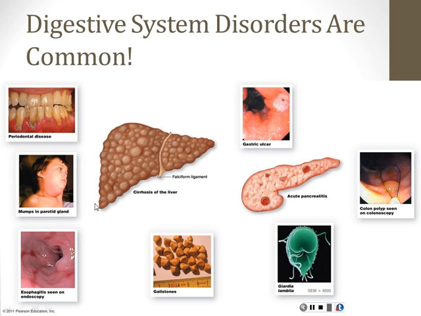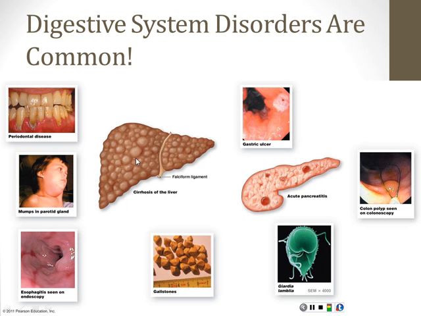All right. And then the liver can get sick too. This is an example of cirrhosis, where instead of being nice and smooth, the liver gets these kind of hard nodules all around it and inside it. This can be caused by a number of things, but alcoholism is probably the most common cause of cirrhosis.